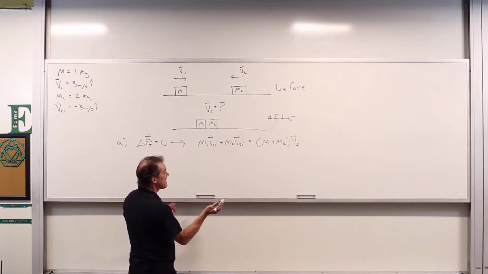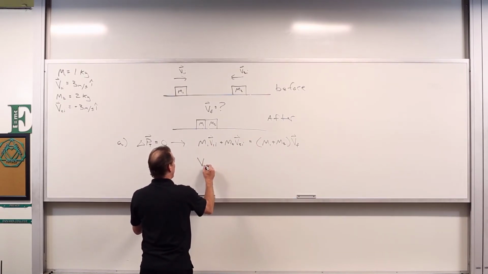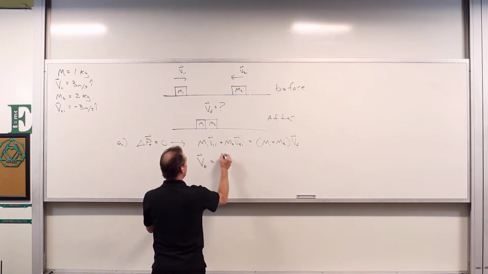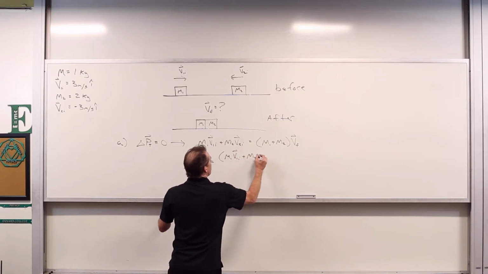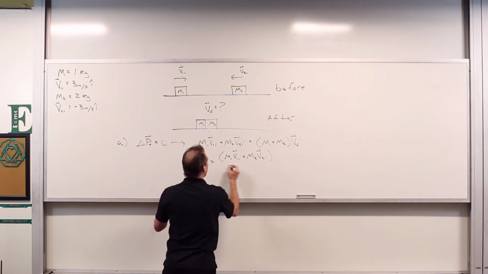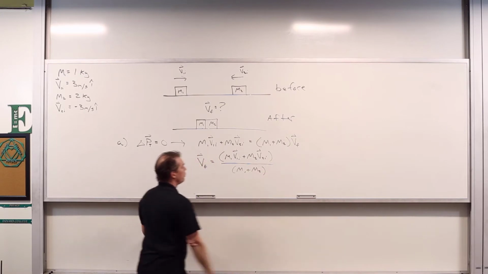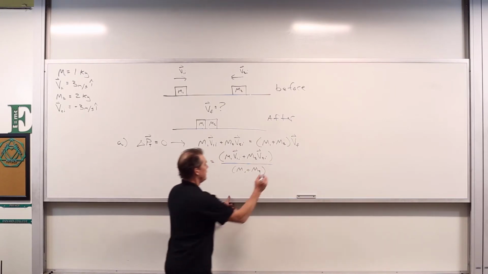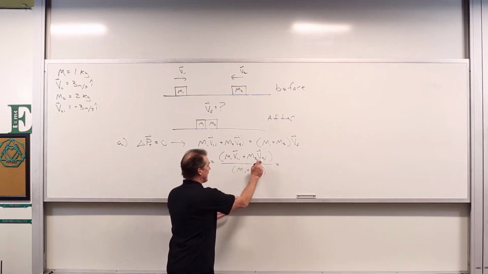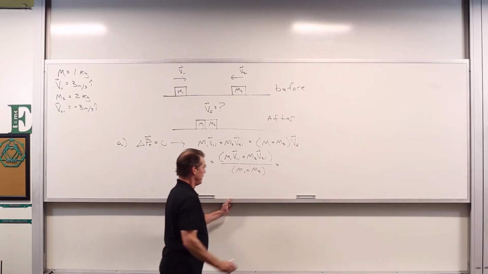So we want to know what that v final is. That seems pretty easy to isolate, so let's just do that. v final hat is equal to the quantity m1 v1 initial hat plus m2 v2 initial hat, divided by the quantity m1 plus m2. So let's put in the values that we have, and note that again we've got to keep track of these as being vectors.